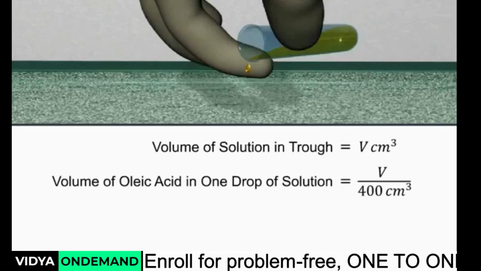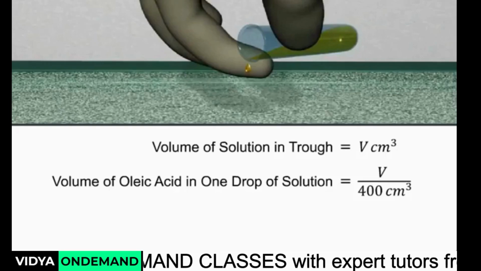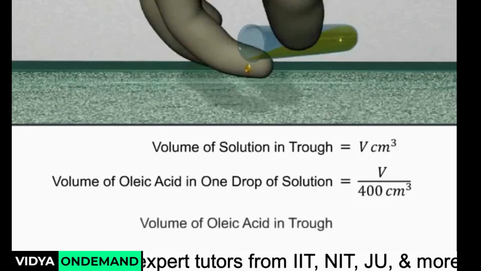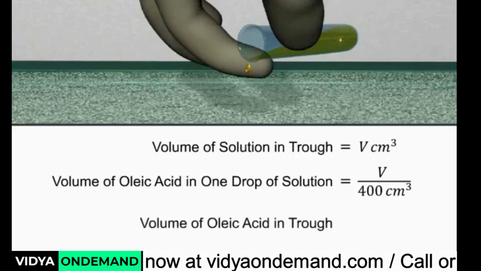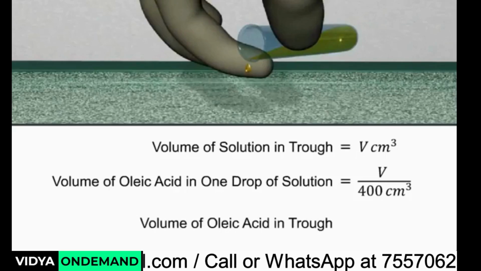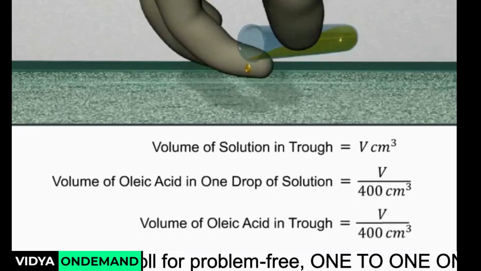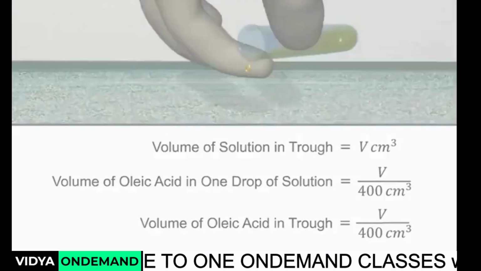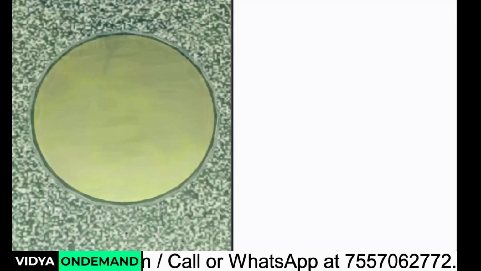Since only 1 drop of solution is put in the water, the volume of oleic acid on the thin film is equal to the volume of the drop, that is, V/400 centimeter cube. Now that we have the area and volume of the thin circular film, we can get its thickness, T, as the ratio of volume to area.